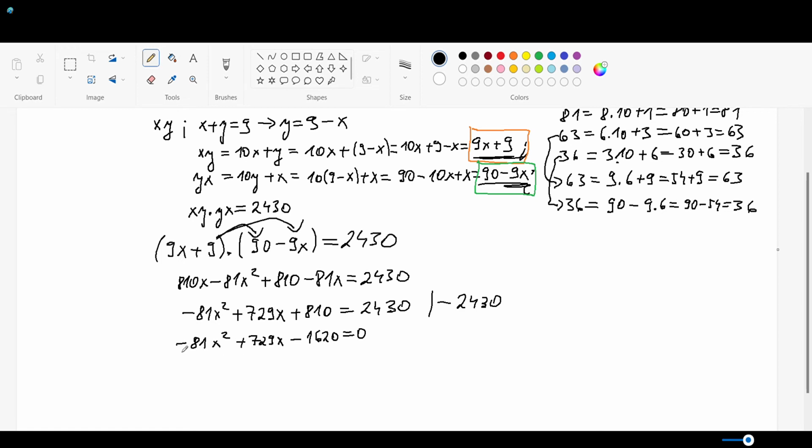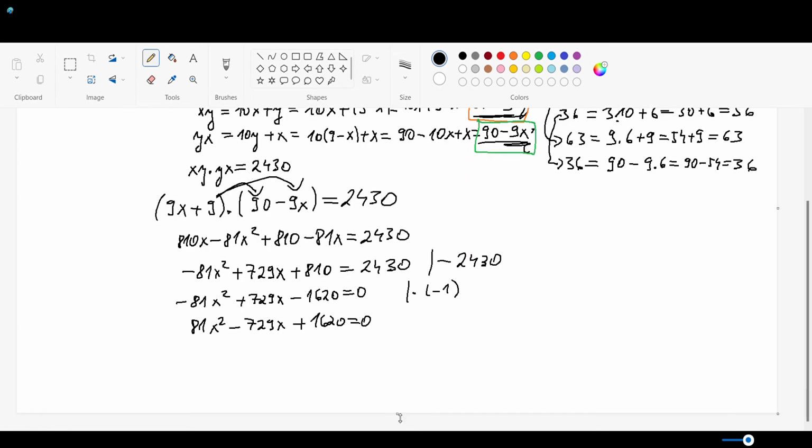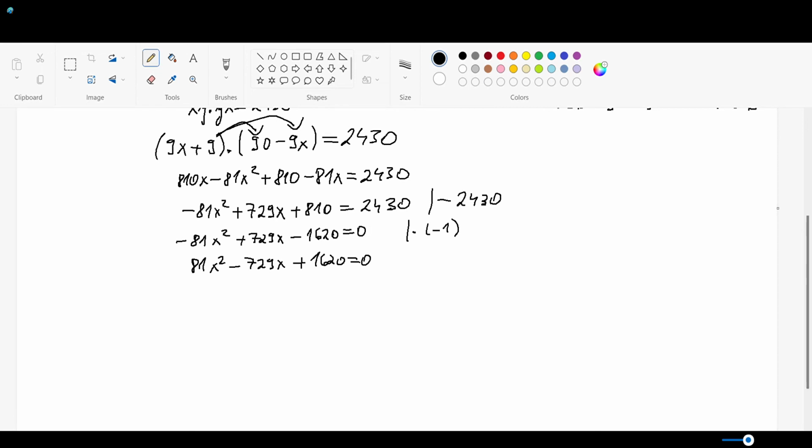As I don't like a negative sign in front of my absolute term, I will multiply my equation and it becomes 81x squared minus 729x plus 1620 equals 0.